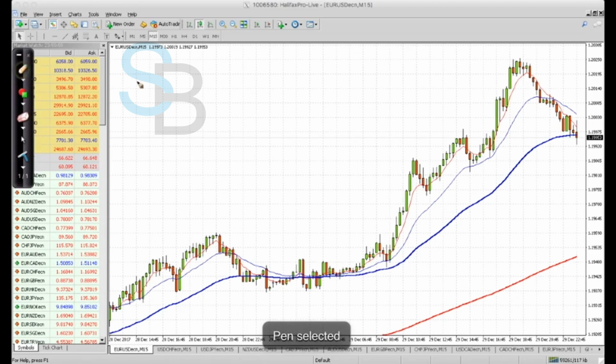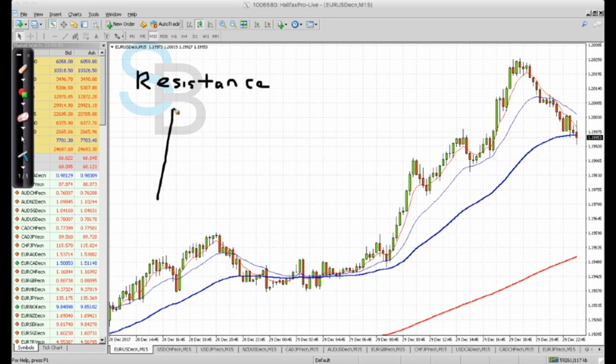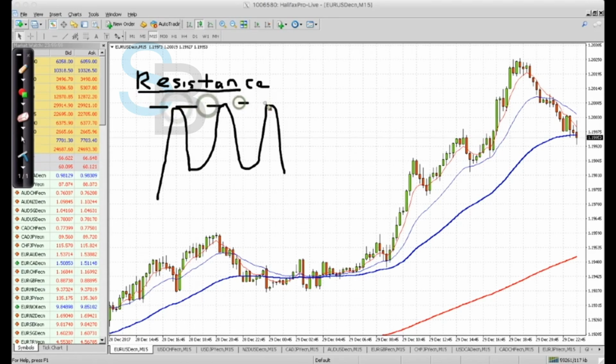So for example, a resistance level is a price level where the price tends to move up, and when it reaches a level, it tends to stop and reverse back down. Again, it goes up, reaches a certain level, it goes back down, goes up, reaches a certain level, goes back down. That is known as a resistance level, or like a ceiling. So this is the resistance level.